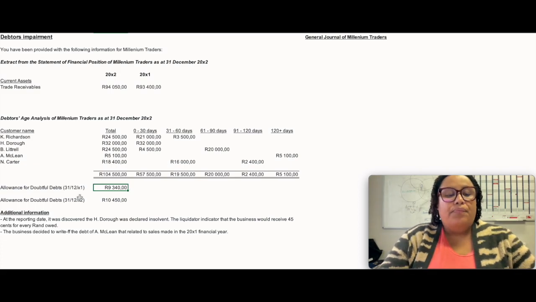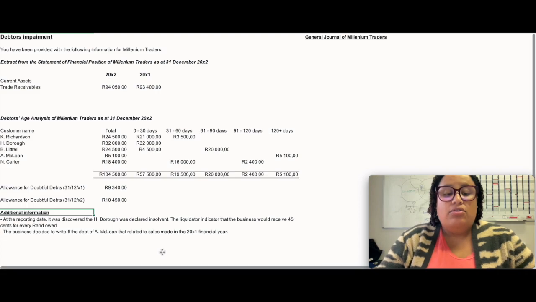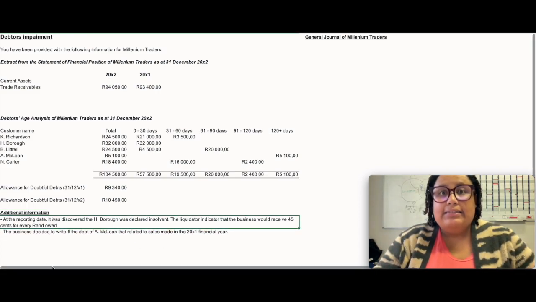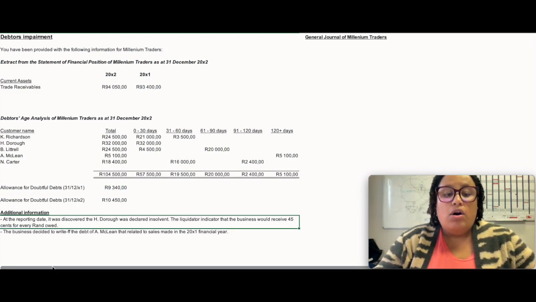Okay, in addition to all of these extracts, we are also given some information about things that happened during the year. The first thing is that at the reporting date, it was discovered that H2O was declared insolvent, and the liquidator has indicated that the business would receive 45 cents for every rand owed.